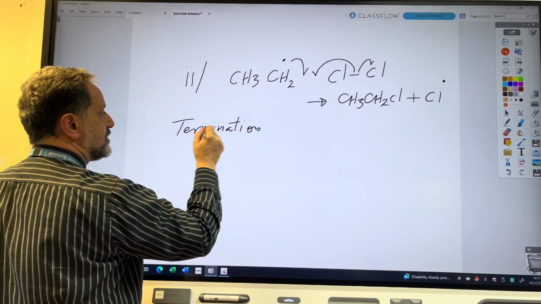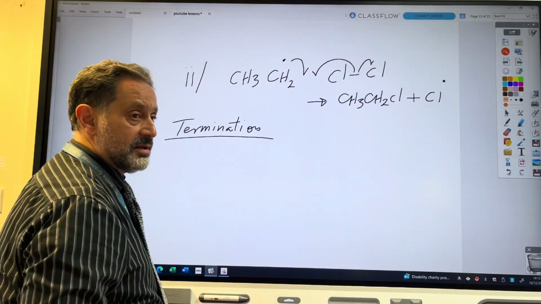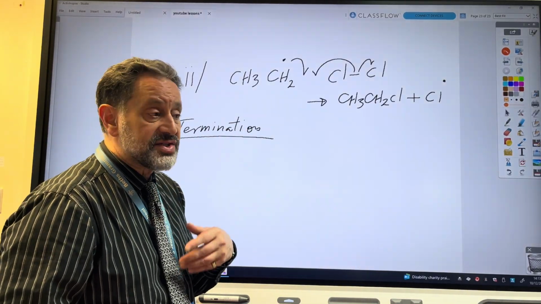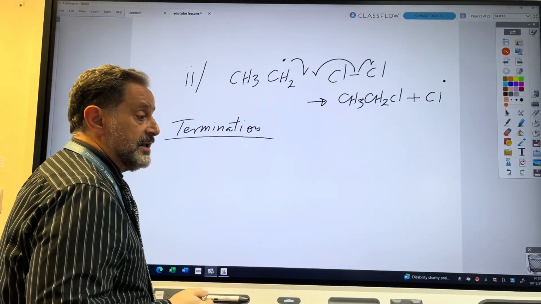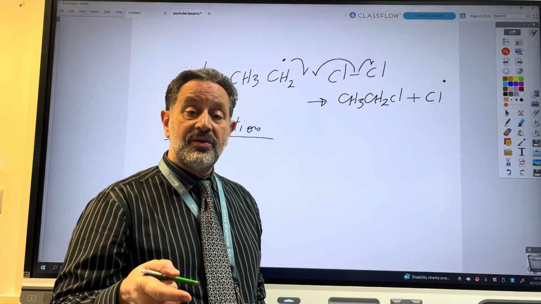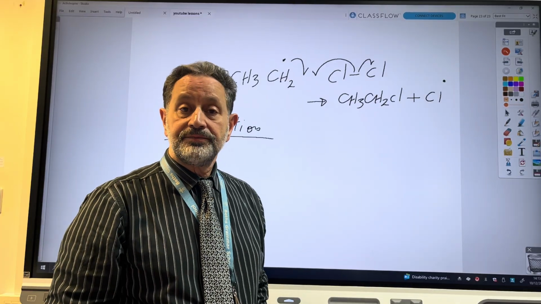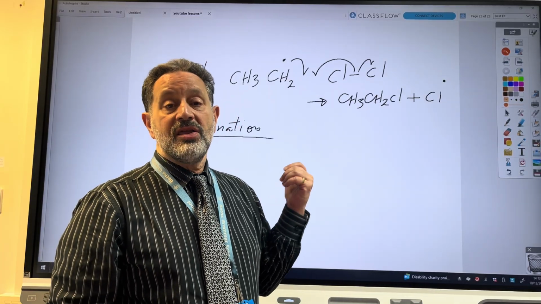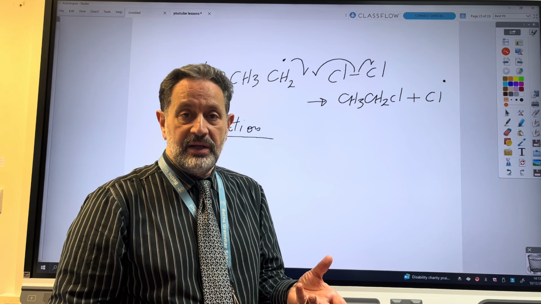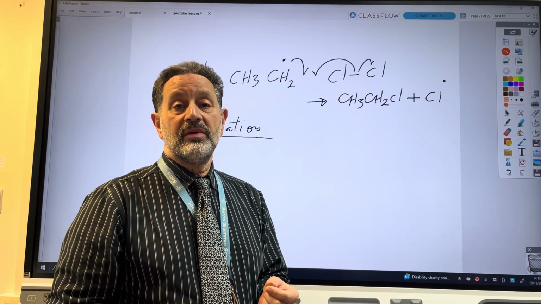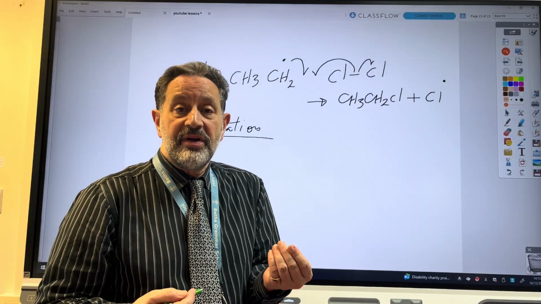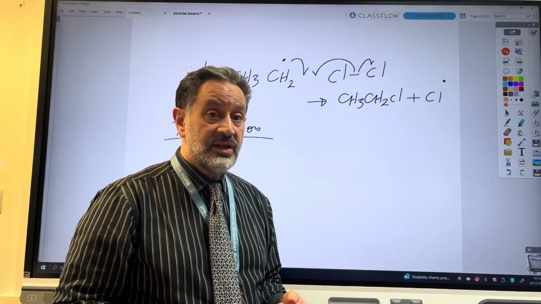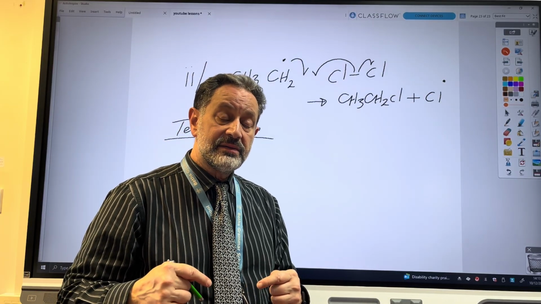Well, in termination, how do these reactions get terminated? One way is that instead of free radicals going and reacting with other molecules, like in this case, ethyl free radical reacting with chlorine, or chlorine free radical reacting with ethane, they actually react with one another.